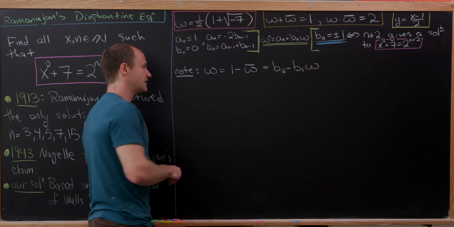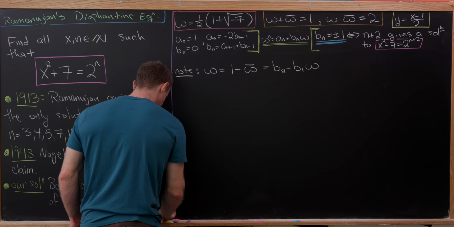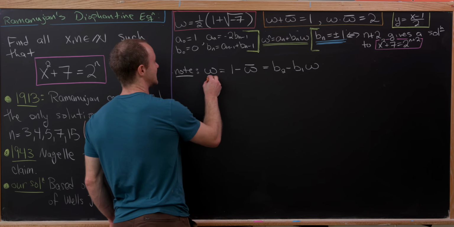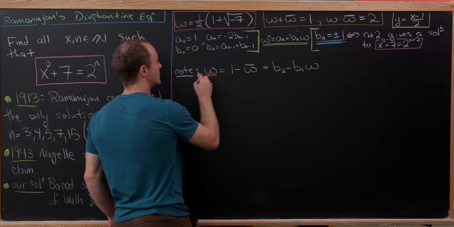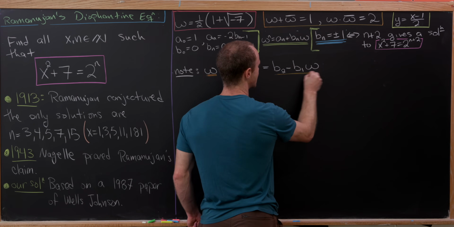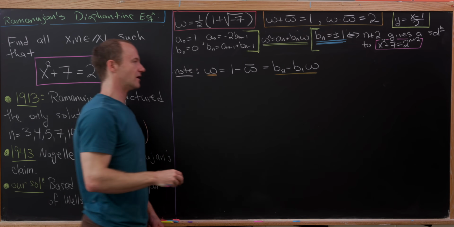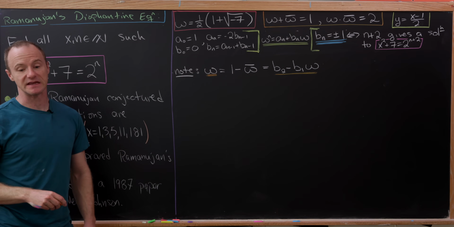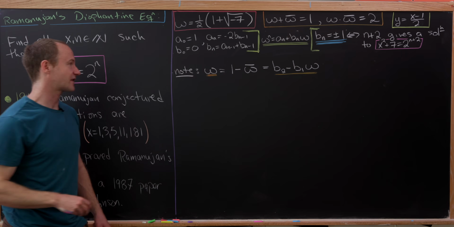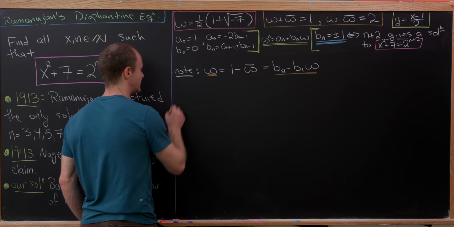Okay, but this kind of gives us some motivation that perhaps there's a nice formula for powers of omega in terms of this expression involving b's. And in fact, there is, and you can prove that via induction.